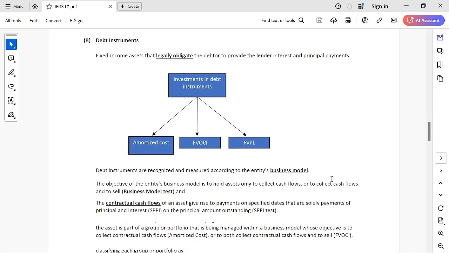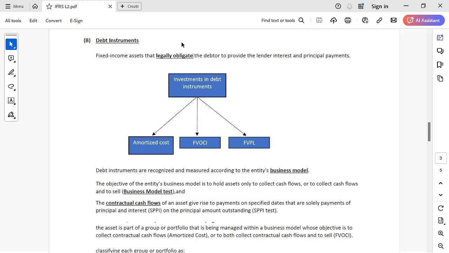Okay, we are done now with the equity instruments and I'm going to be moving to the debt instruments. And as we discussed in the equity instruments, let's see what differentiates this from the equity instruments. Legal obligation. So the debt instruments are fixed income assets that legally obligate the debtor to provide the lender interest and principal payments.